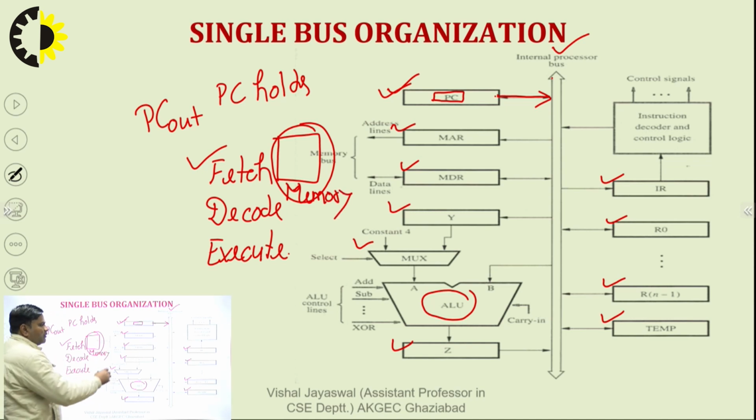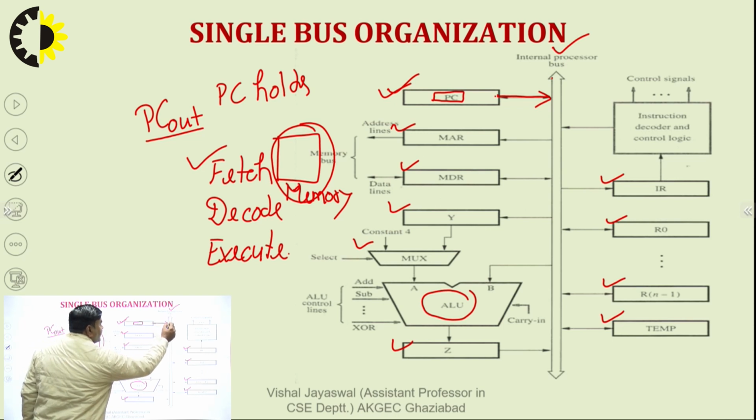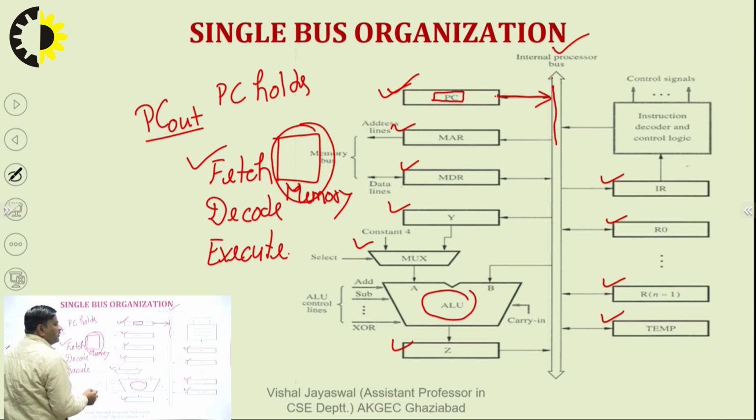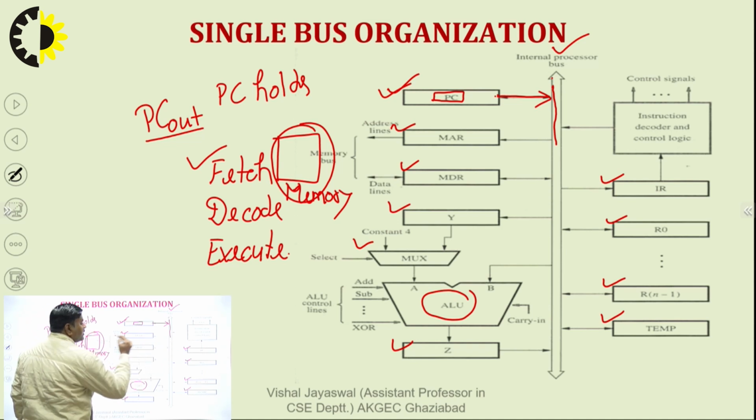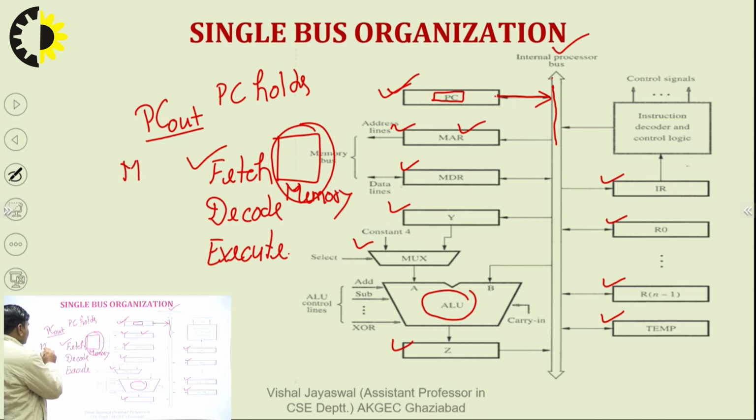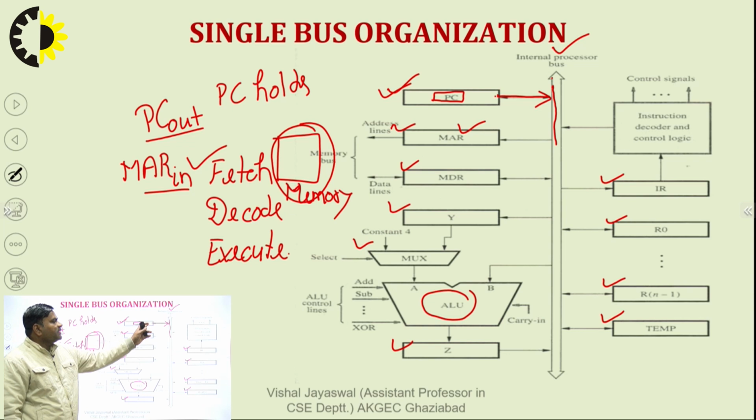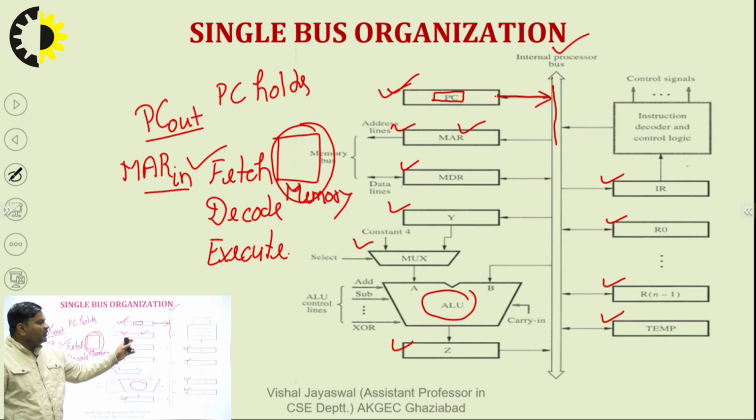The content of the program counter register goes on the internal processor bus, and we receive it in the MAR. We use MAR in, by which the value from the internal processor bus is received in the memory address register.